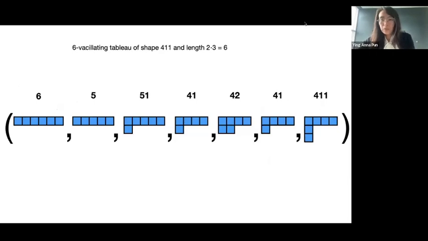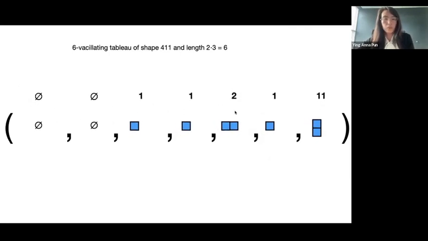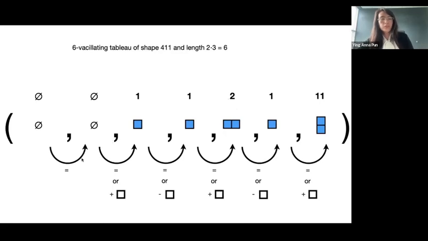All right, so remember this example that I talked about here. If I remove the first row, then I will have these shapes: empty shape, 1, 1, 2, 1, 1, 1. And you can check whether it is a simplified Vacillating Tableau under the requirement that I defined.